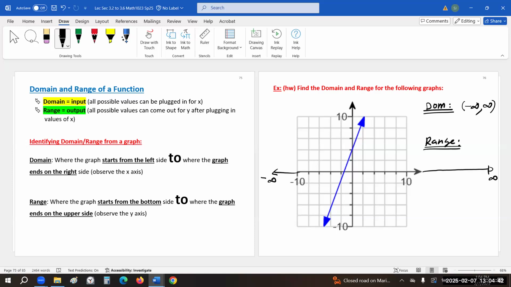Any question on domain? Is anybody who doesn't see what's going on here? Tell me what's wrong. Domain is x values. So did you use this x value in the graph? We did, right? Did you use this x value? We did.